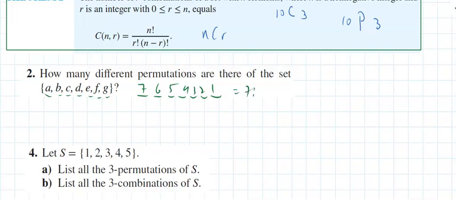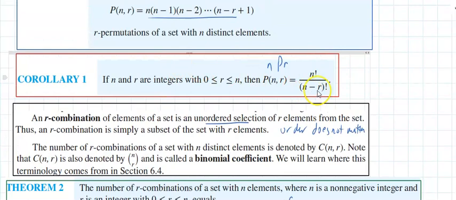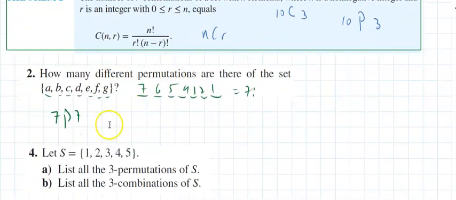Or, since the order does matter, you could say it is 7P7. According to the formula, that is 7 factorial divided by (7 minus 7) factorial, which is 7 factorial over 0 factorial, which is 1.